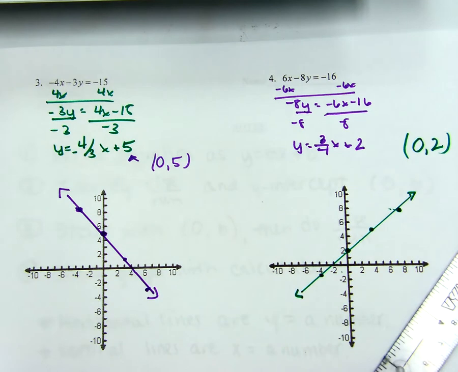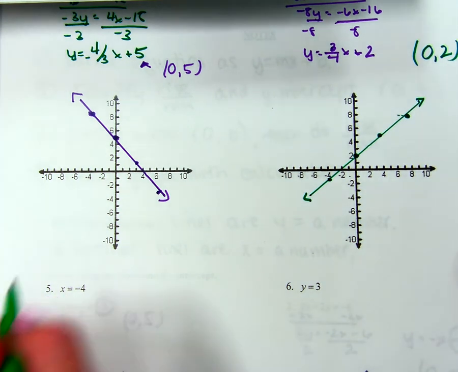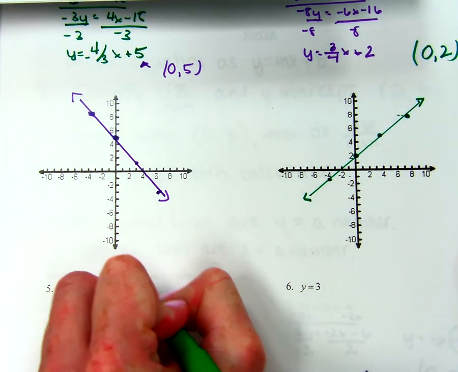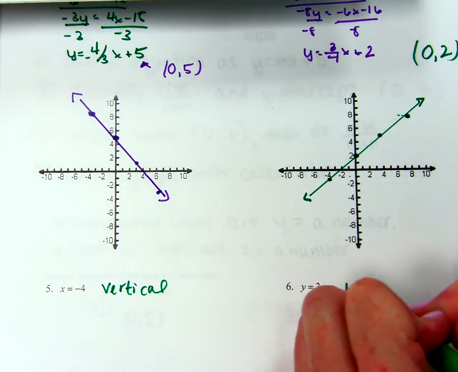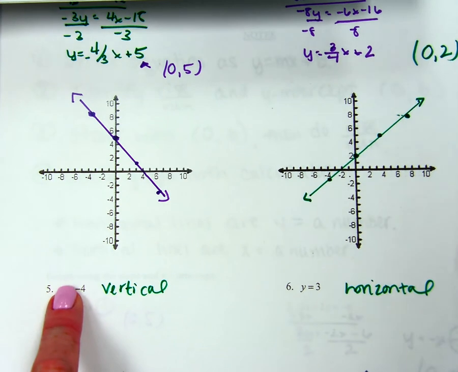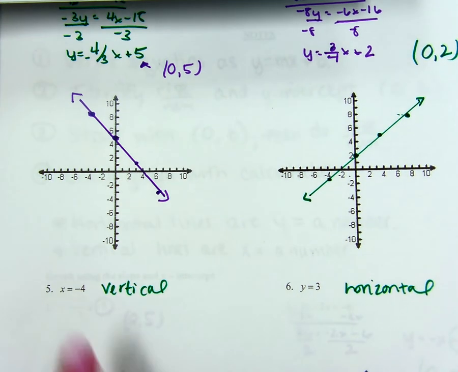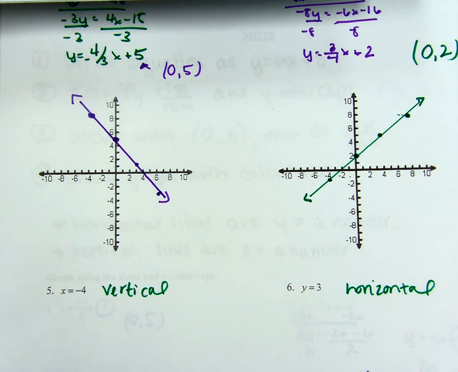There's my graph. Now x equals negative 4 and y equals 3. Remember, we said if it's an x equals, it's a vertical line. And if it's a y equals 3, it's a horizontal line. So x equals negative 4. We're going to look on our x-axis for negative 4, draw in our point and our vertical line.